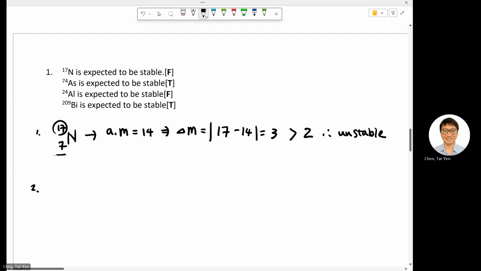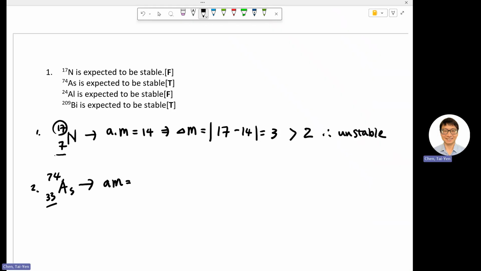Second, arsenide 74. Okay. So what is the proton number of your arsenide? 33. Again, this is not one of the magic numbers, right? So you actually use it to calculate the mass difference.